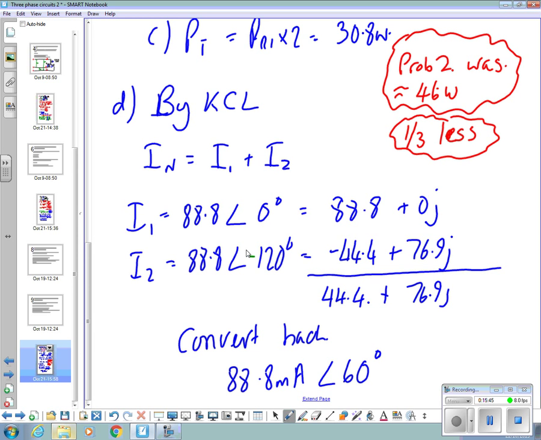Yeah. Okay. Do them if you don't believe me. You got all three results. Just pair all of them up and see what answer you get. And the magnitude will always be the same, but you'll get three different angles for the neutral current. All right.